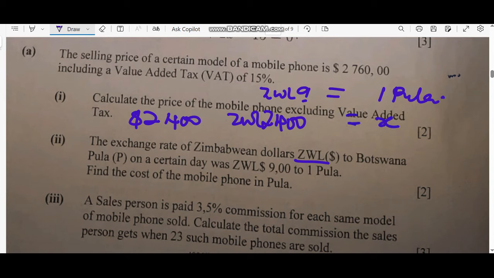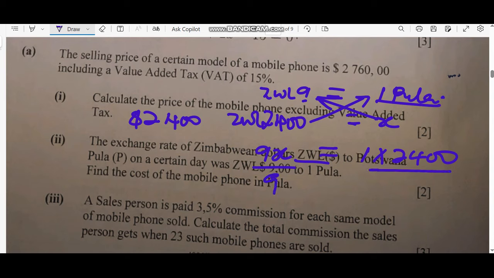Again, we are going to apply proportion. Cross multiplication, this one you multiply, you multiply. So 9x is equal to 1 times 2400. Then divide both sides by 9. So x is equal to 2400 divided by 9.